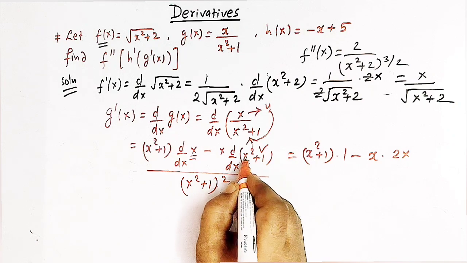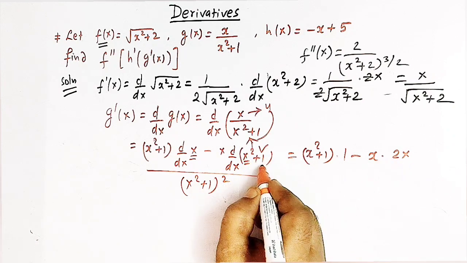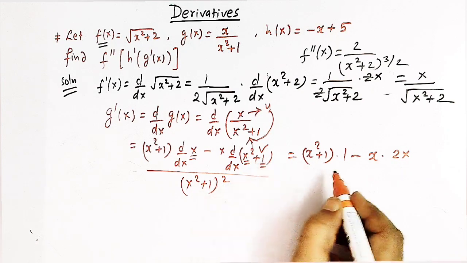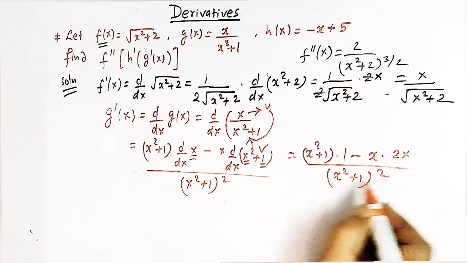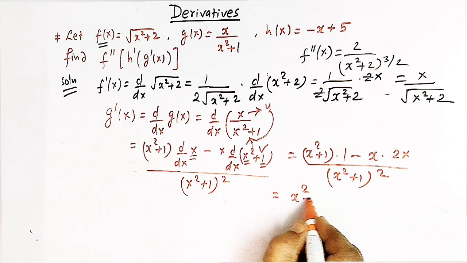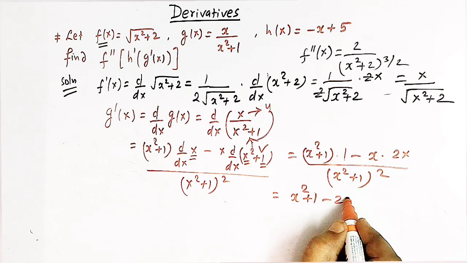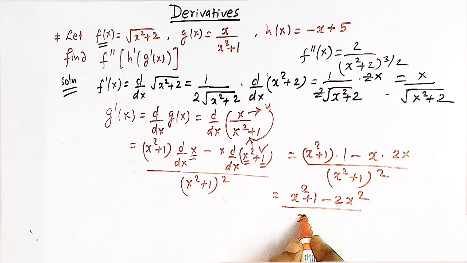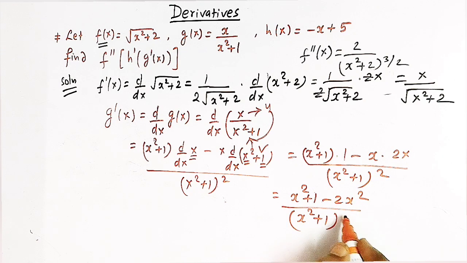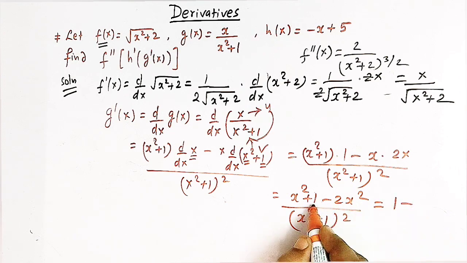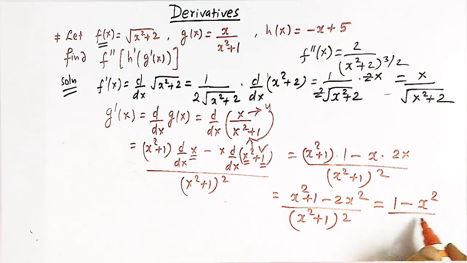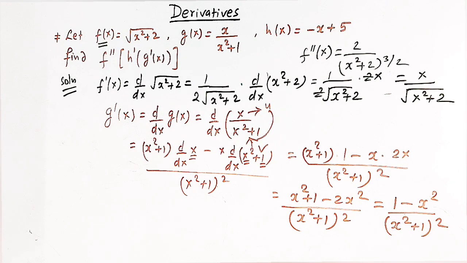The derivative of x square is 2x, derivative of 1 is 0 being a constant, and here we have x square plus 1 whole square. So this is x square plus 1 minus 2x square, over x square plus 1 whole square, and here we can write 1 minus x square over x square plus 1 whole square, right?